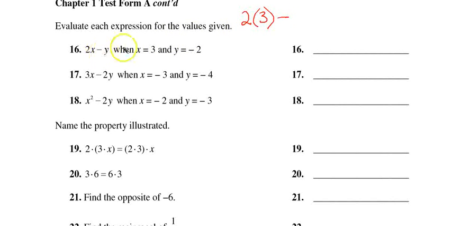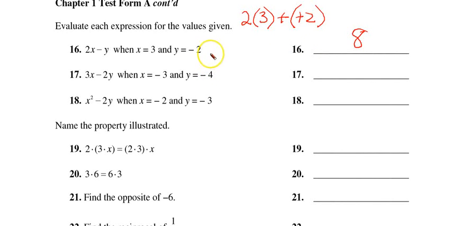Minus is in that formula, and then our y happens to be a negative 2. So we see now a negative outside the parenthesis, a negative inside the parenthesis. The opposite of a negative, or two negatives, make this a positive. So this is going to be 6 plus 2 is 8.